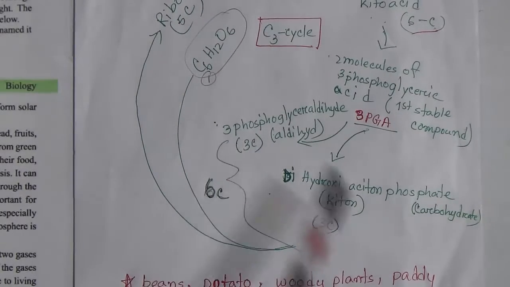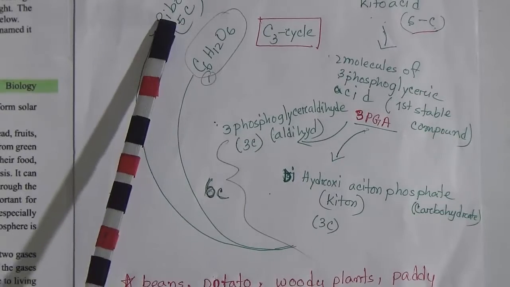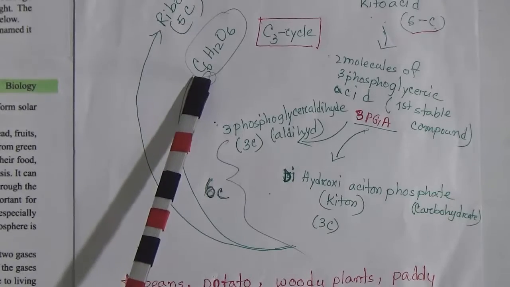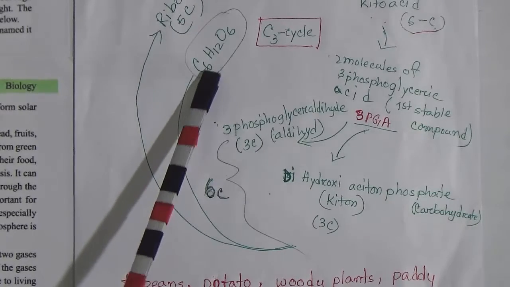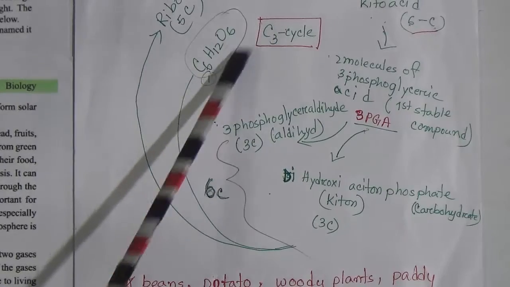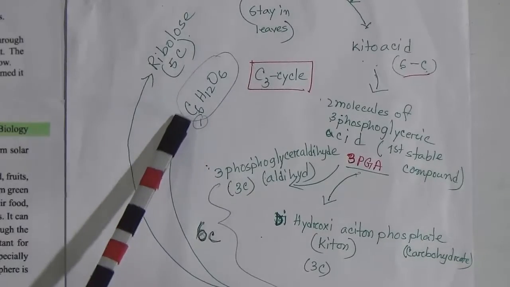Now these 2 transform into ribulose, which has 5 carbon, and the other, the main aim of the cycle, is to produce glucose. That glucose also we get from this reaction.